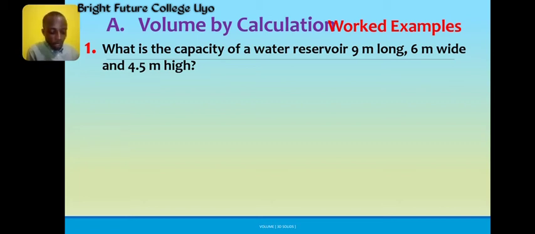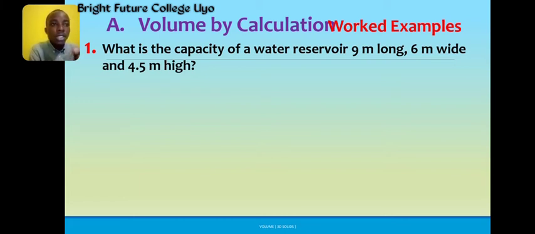So you have, as we saw in the other example, length, breadth, and height. Find the capacity. Take note, you are not asked to find volume, but capacity. But you can't find the capacity without finding the volume first. So let's work that out.